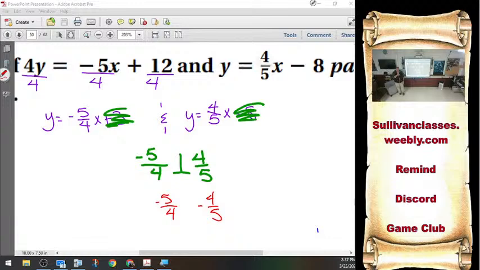Neither, right? Because they flipped it, but they didn't change the sign. So they're not the same, so it's not parallel. They're not negative reciprocals. So I would just say neither.